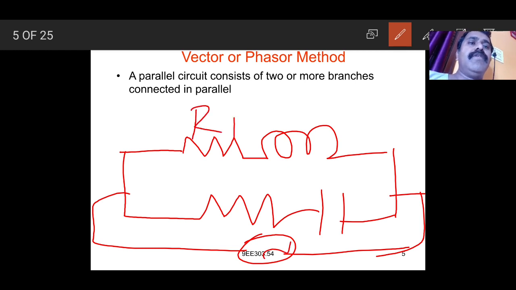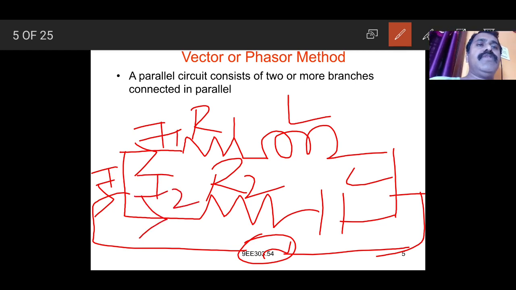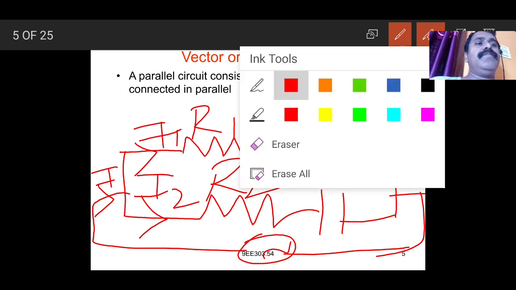Let us consider R1, L, and R2, C. Here the current is divided into I1 and I2. So it constitutes the parallel circuit.